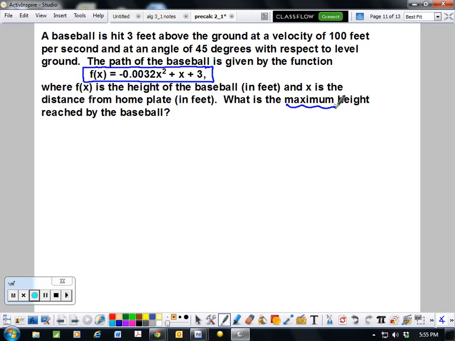So I'm going to be looking for the vertex of this function. I'm going to go ahead and take my function and factor out this front number. Now to factor that out, I have to take this number and divide by that in front. So on my calculator, I'm going to do 1 divided by negative 0.0032.